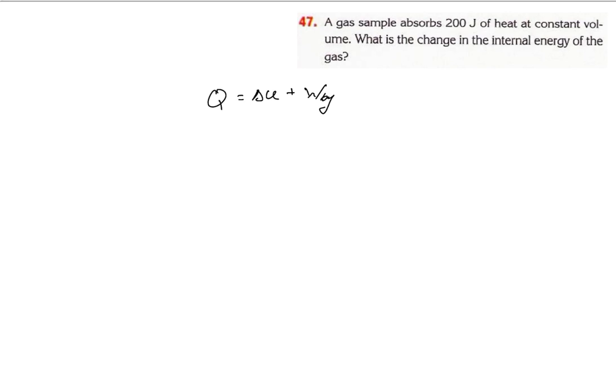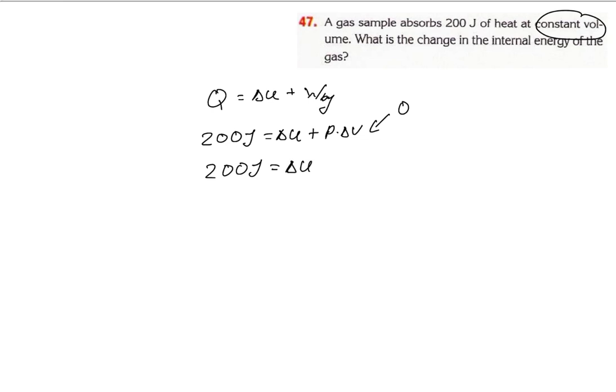A gas sample absorbs, that means Q is equal to 200 joules, is equal to delta U plus, here the work can be written as P times delta V. So in this question it says volume is constant, that means delta V must be equal to 0. That means our equation will be simplified to this one, 200 joules is just equal to change in internal energy, which is positive.